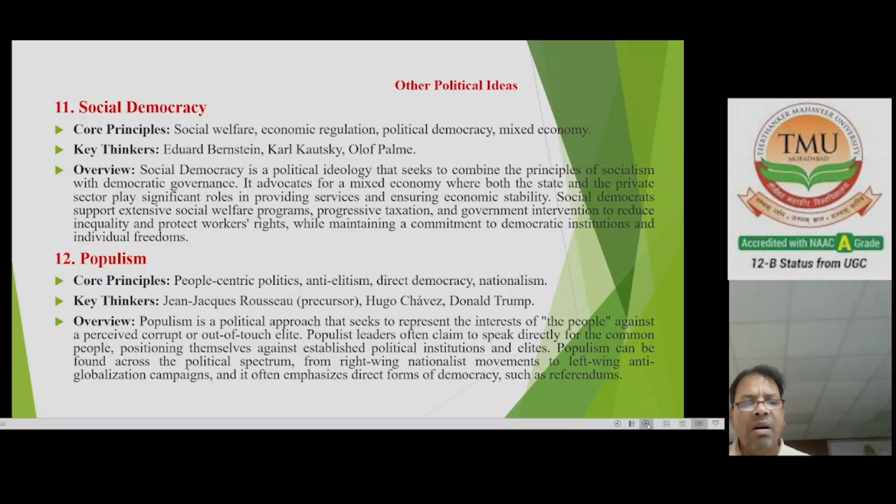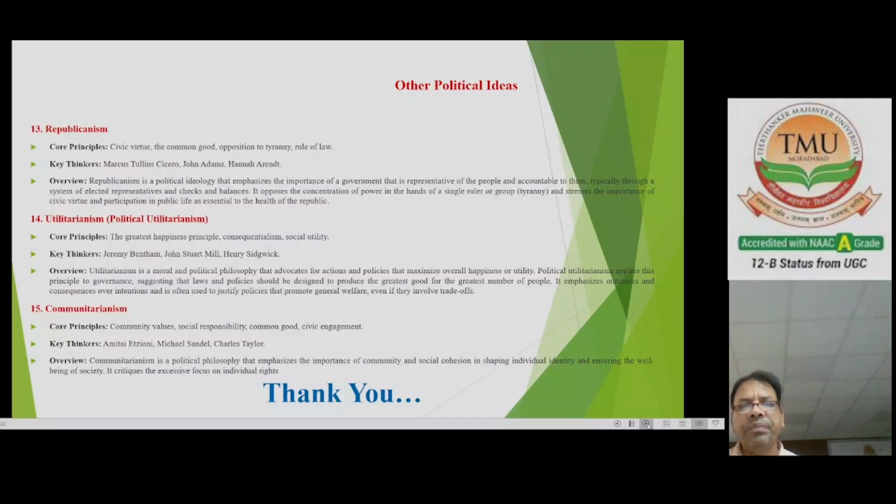Populism can be found across the political spectrum, from right-wing nationalist movements to left-wing anti-globalization campaigns, and often emphasizes direct forms of democracy such as referendums. This is an important clarification of populism.